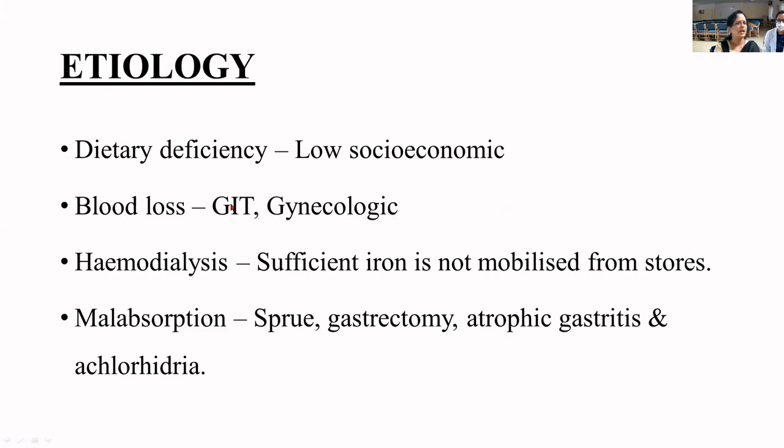Okay, then GIT. Here there are so many causes, starting from the gastric causes, that is gastric ulcer, where a minimal amount of bleeding occurs and they will not notice it. That's why in the history we ask about the color of the stool. If it is black, one cause is internal visceral, we can say GIT hemorrhage, upper GI hemorrhage.